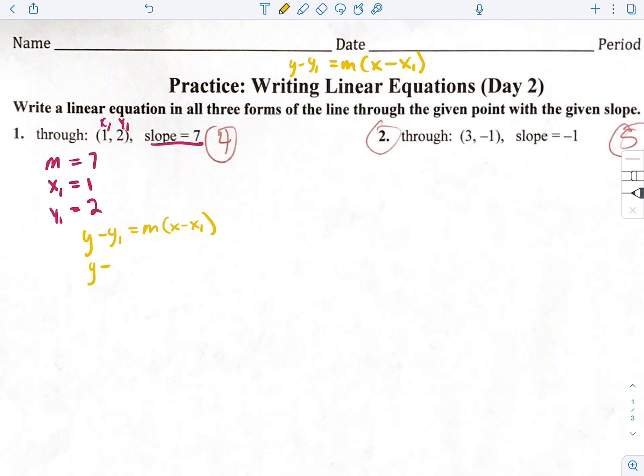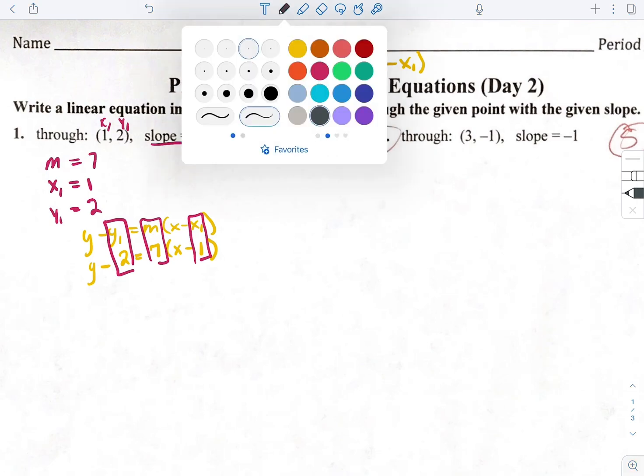So remember, y1 again is 2. Our slope m is 7. And our x1 is 1. So we just make sure all these line up. Okay. And then from here, this is already the first checkpoint.